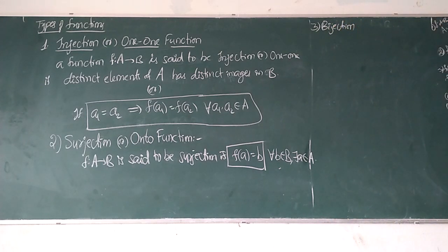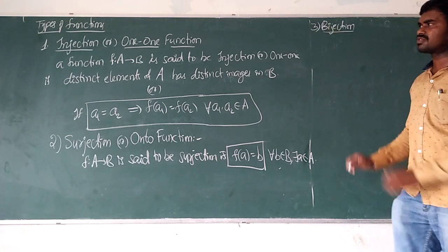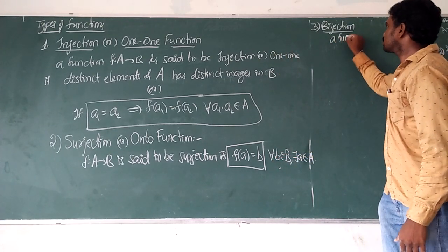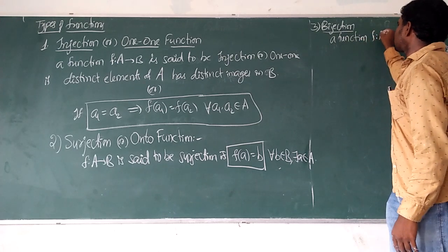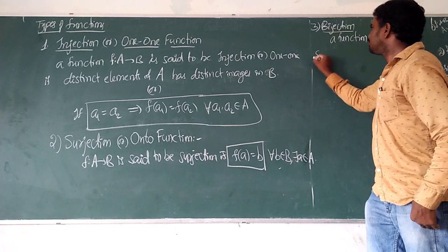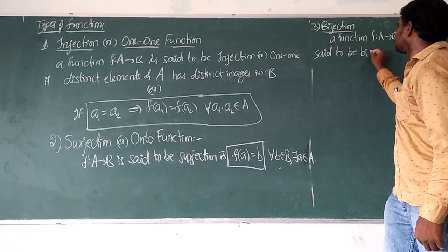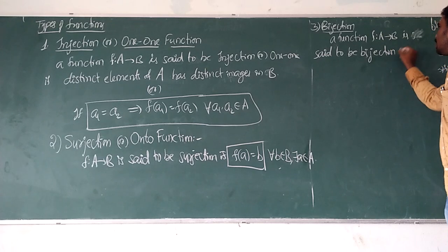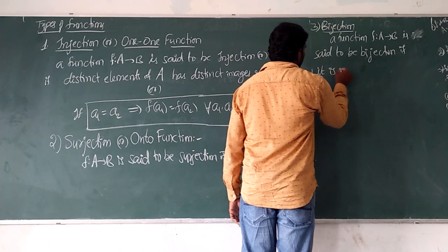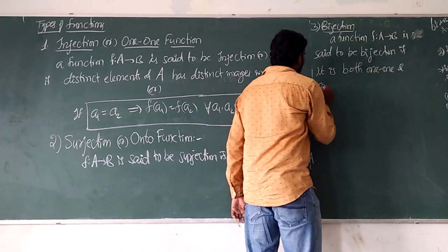Now after just 2 minutes, we can enter into the 2 marks questions. What is bijection? Bijection means very simple. One-one and onto. A function f from A to B is said to be bijection if it is both one-one and onto.